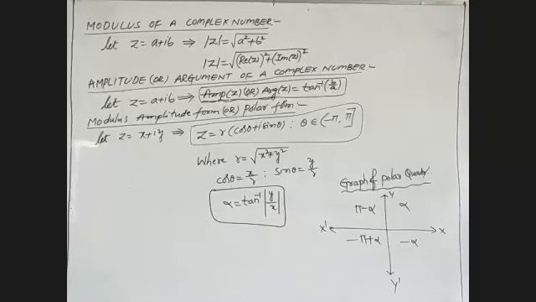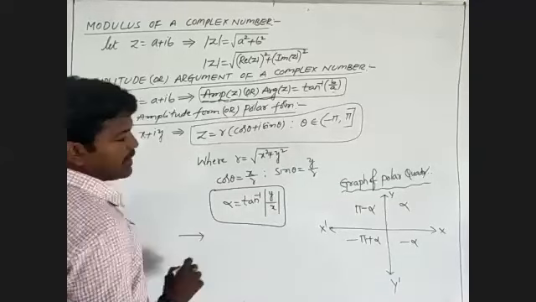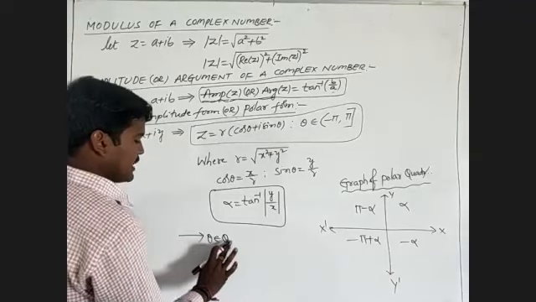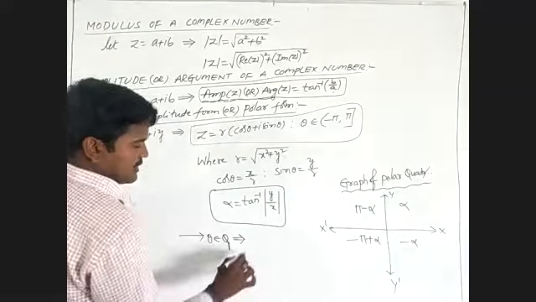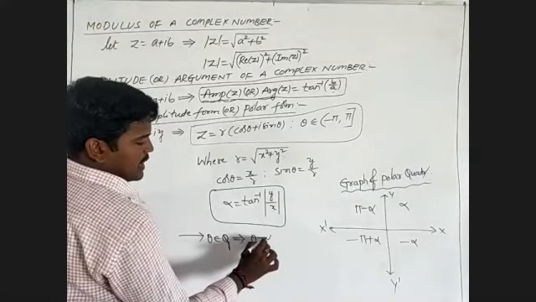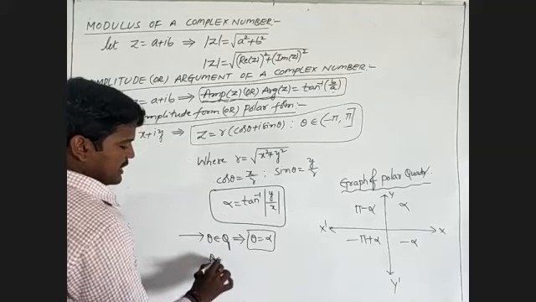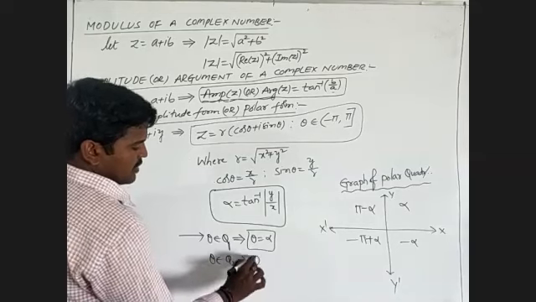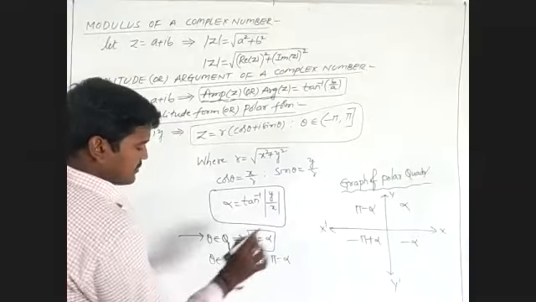Here we observe, when we have to find the value of theta: if theta lies in quadrant 1, then theta is equal to alpha. If theta lies in the second quadrant, theta is pi minus alpha.